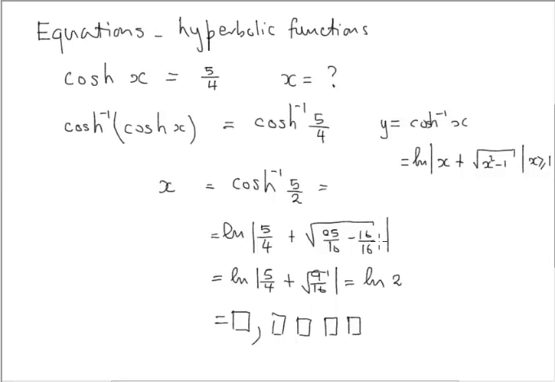Maybe also let me mention here that the expression for sinh hyperbolic we've got. The one for tanh hyperbolic inverse, let's say y is equal to tanh hyperbolic inverse of x, is equal to ln of, let's say, brackets 1 plus x over 1 minus x, all this over 2, also with a half.